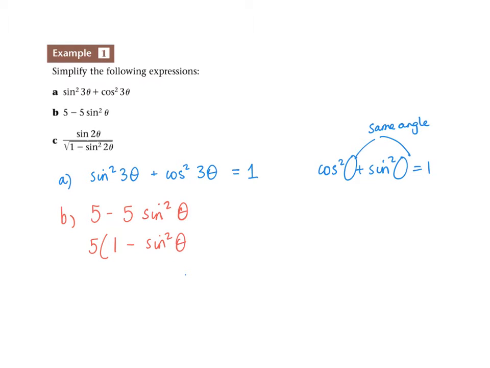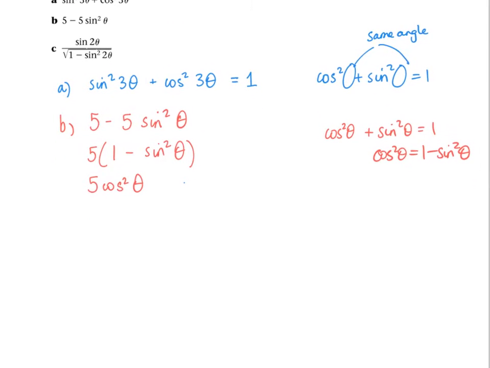And then thinking about cos squared theta plus sine squared theta equals 1, if I rearrange that, I get cos squared theta is equal to 1 minus sine squared theta. So I can actually replace 1 minus sine squared with cos squared theta. So we've simplified that.